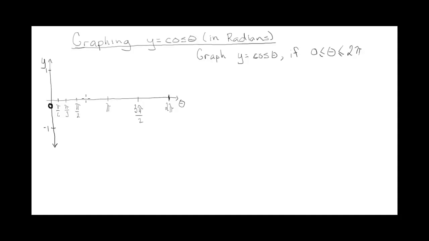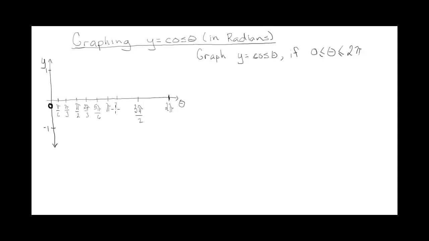The next one would be 4 pi by 6, or 2 pi by 3. And the next one would be 5 pi by 6. And then the next one would be 6 pi by 6, which is pi. Right? 6 pi by 6 reduces to pi. So here my scale is pi by 6s. I'm going up by pi by 6s.